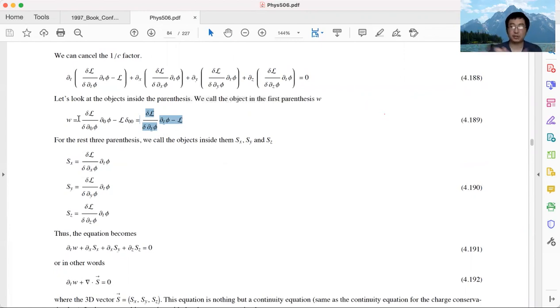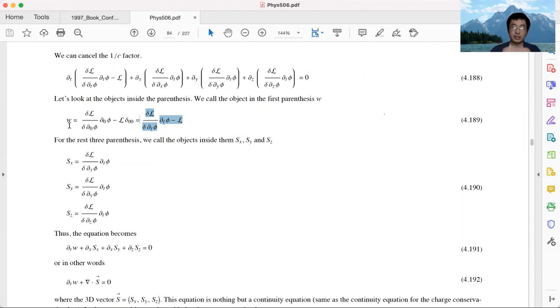What is the energy carried by this wave? What is the energy carried by this field? No matter whether this field is an electromagnetic field, elastic waves, or quantum waves, Schrödinger equations, no matter what it is, as long as we know the action and the Lagrangian, we can use this formula to immediately define the energy density. And then if we do a spatial integral, we get the definition of energy. That's the definition of energy.